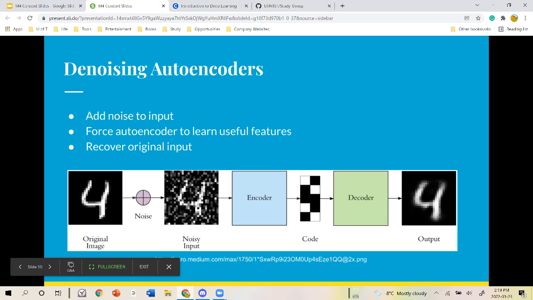By adding the noise to the input, you're basically trying to force the auto-encoder to learn only the useful features, and then you can recover the original input.